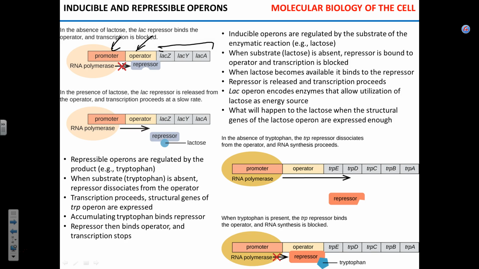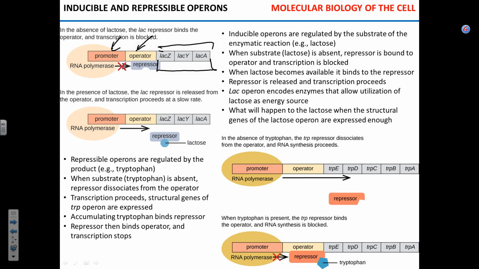In the lactose operon, structural genes encode for the set of enzymes that can metabolize lactose. Does that make sense? These genes encode for enzymes that allow the cell to use lactose as the source of energy and nutrients. Without the expression of those genes, the cell cannot use lactose.